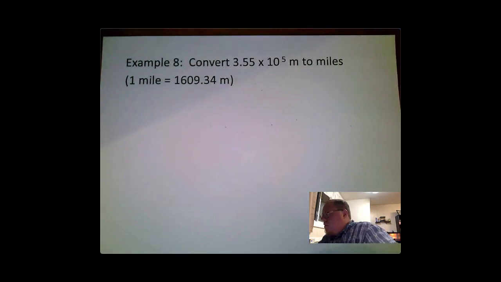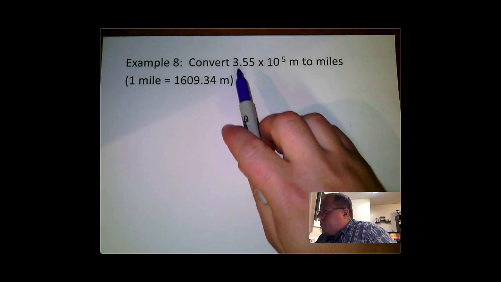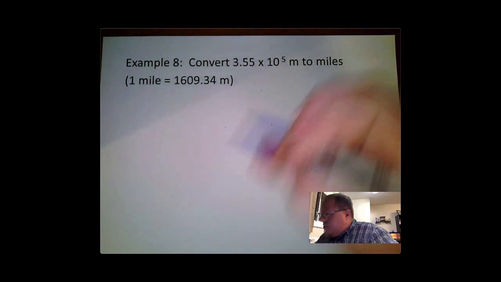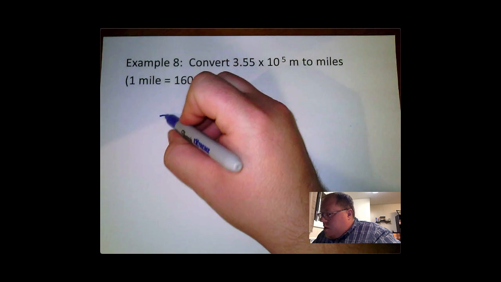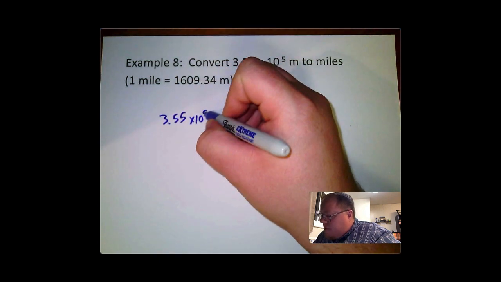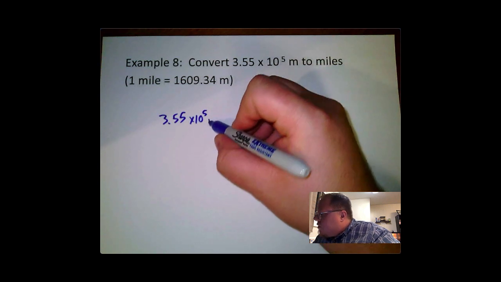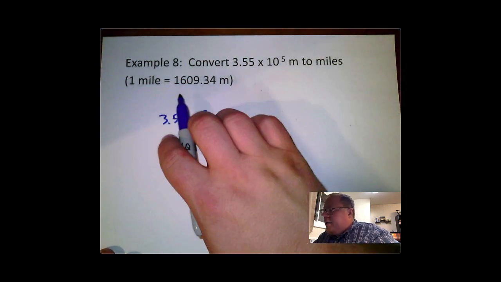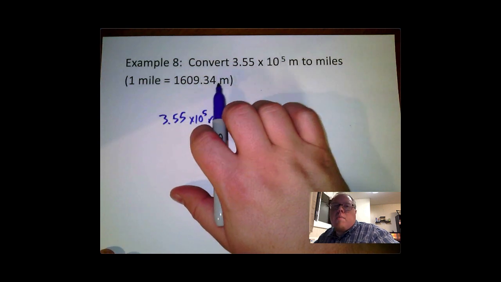What if I wanted to convert from meters to miles? Okay, so what I'm going to do here is take what I was given, 3.55 times 10 to the power of 5 meters. I want to know how many miles that is. I'm telling you right now, 1 mile is 1,609.34 meters.